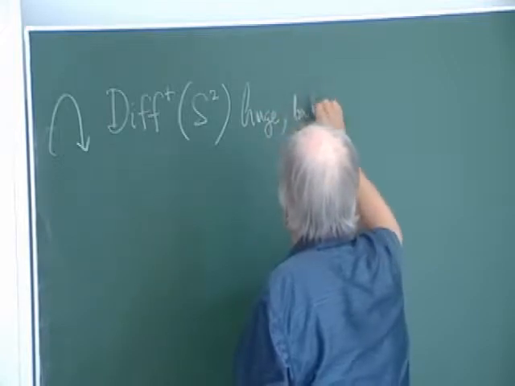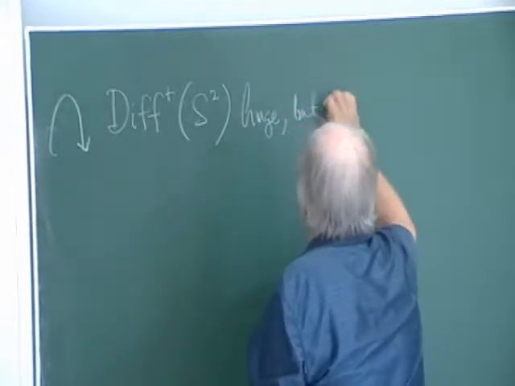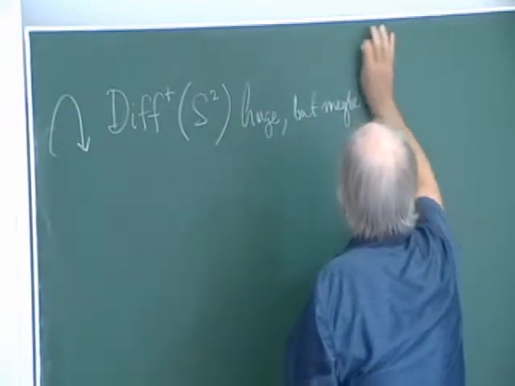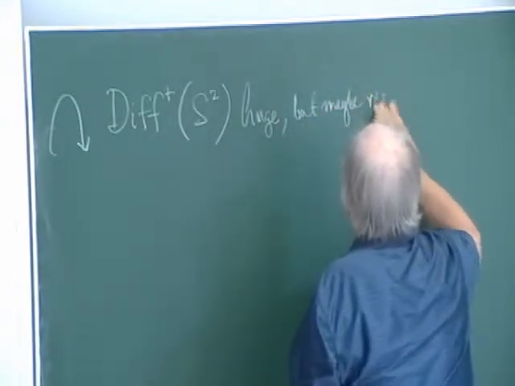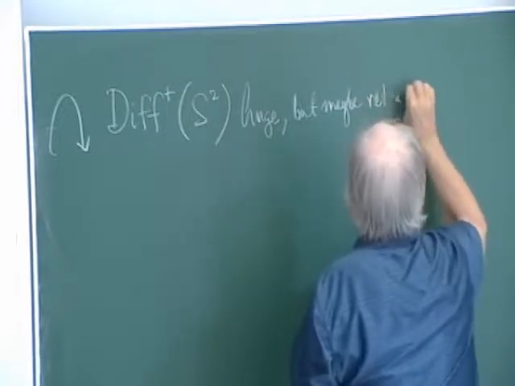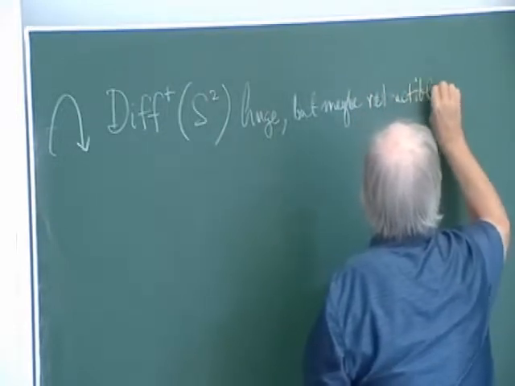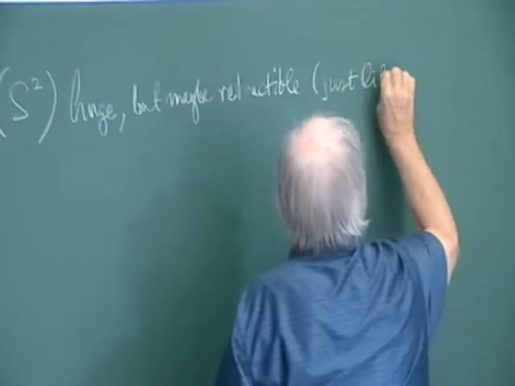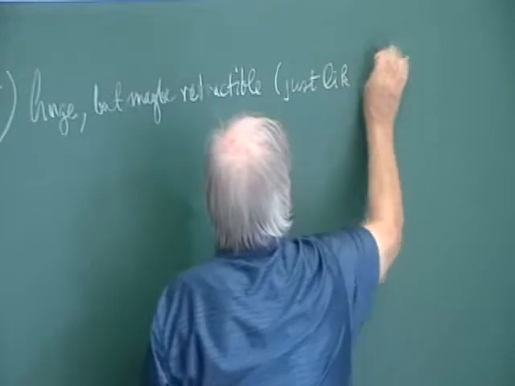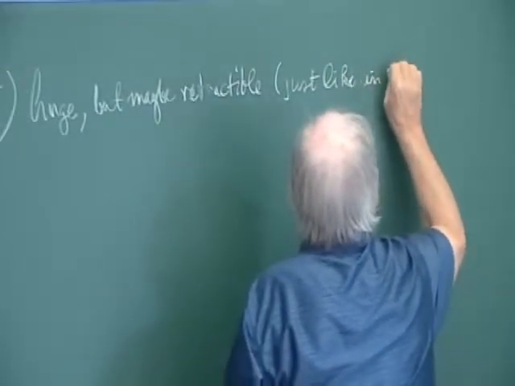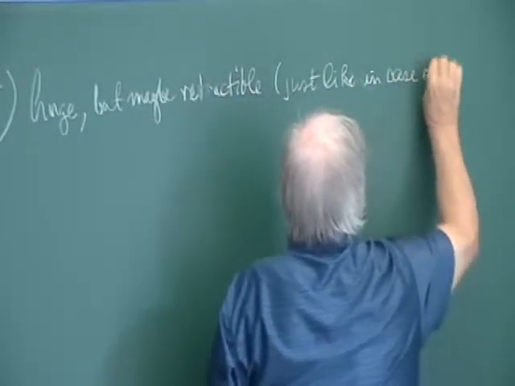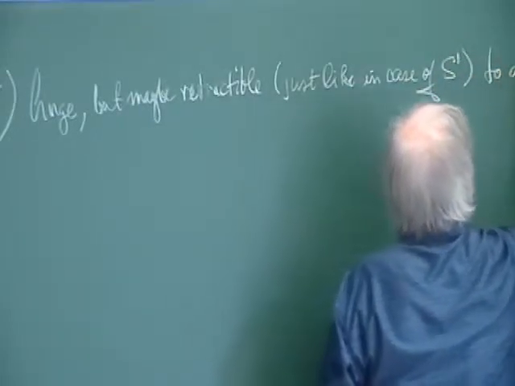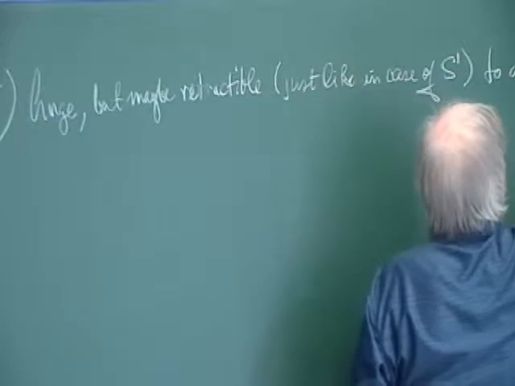but maybe retractable. We haven't even defined what that means. Say, just like the one sphere, to a group of linear transformations.